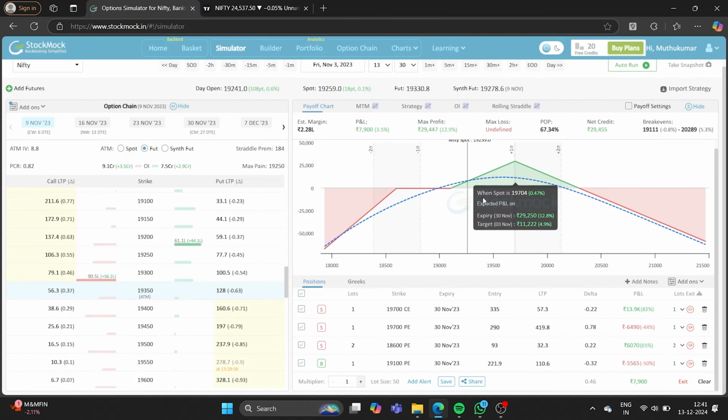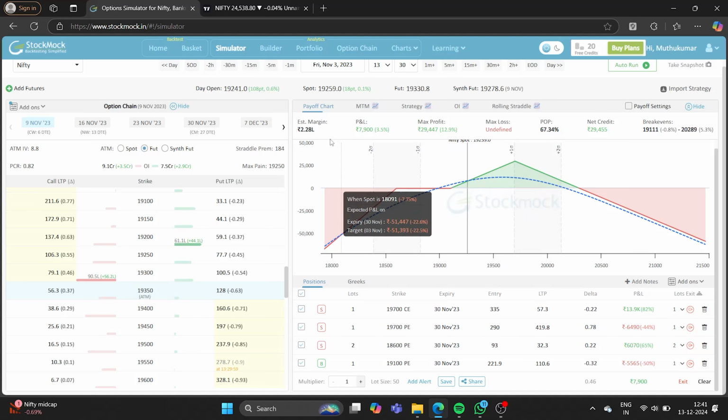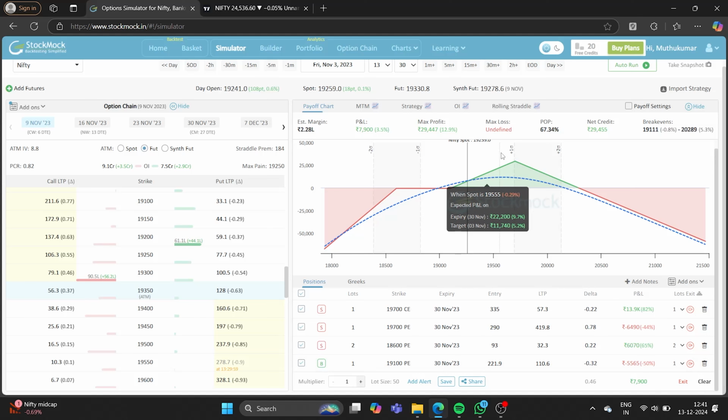You can get it, right? Because this adjustment needs around 80,000 additional margin, by cutting this you will get your original margin back and free up the margin. You can trade some other trade with this additional margin. So if the market recovers to the straddle price, you will close the adjustment.